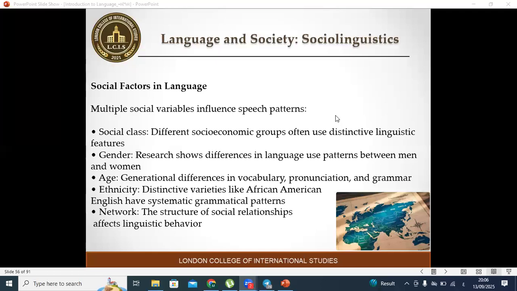Social factors in language. Multiple social variables influence speech patterns. Social class, gender, age, ethnicity, network.